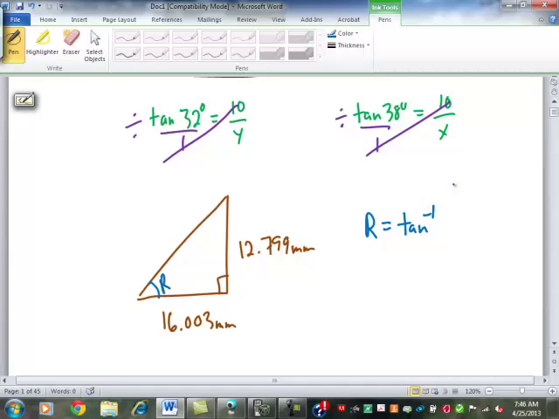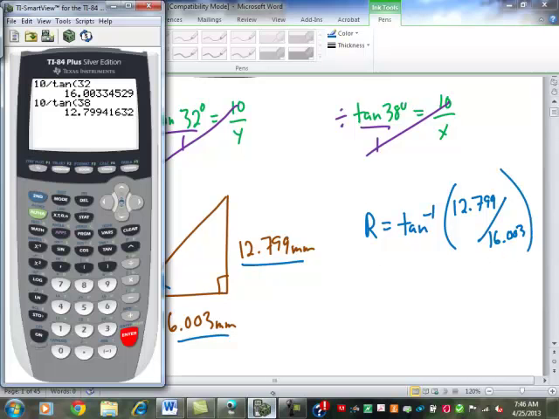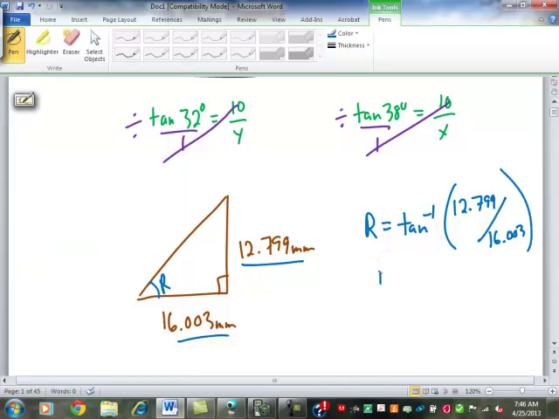Inverse tangent. The opposite side would be the 12.799 over the adjacent side, the 16.003. So inverse tangent of 12.799 divided by 16.003. I have to remember to close my parentheses just to be safe. Equals 38.65 degrees.